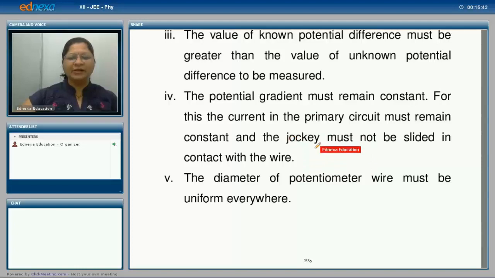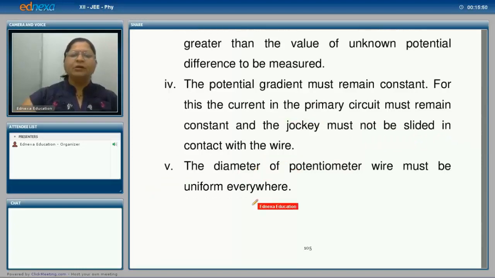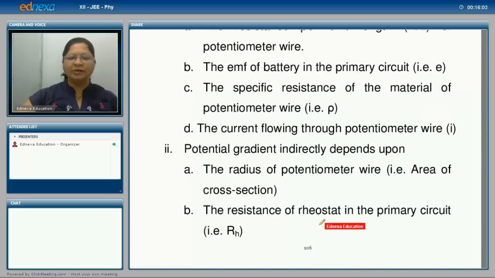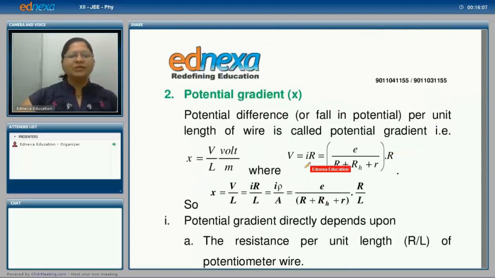That is why it is advised not to slide the jockey, but to tap it on the wire. The diameter of the potentiometer wire must be uniform everywhere, and all these precautions will introduce the least errors while you are taking measurements. This is one chapter which you actually perform as experiments also, so you can visualize what is happening, and it is therefore very easy to remember.